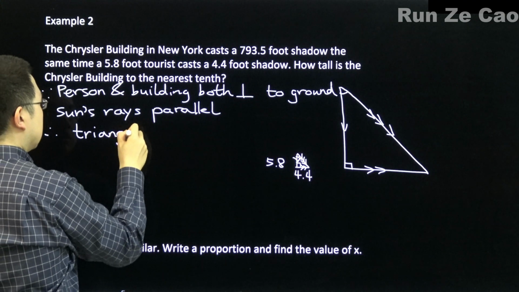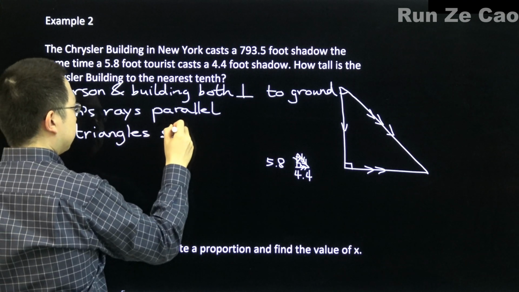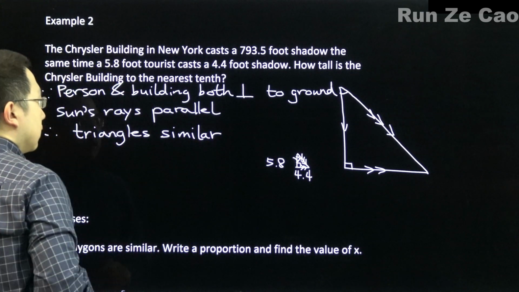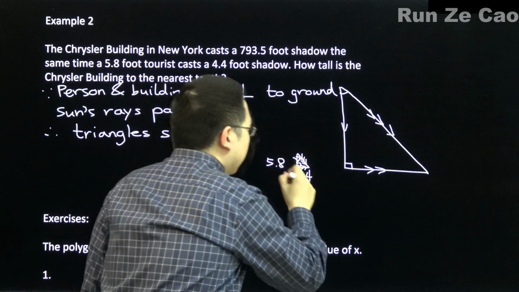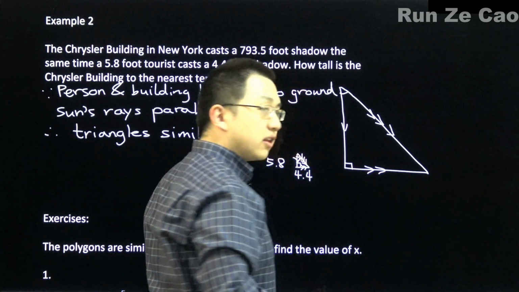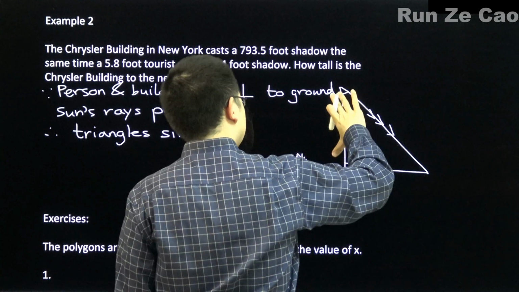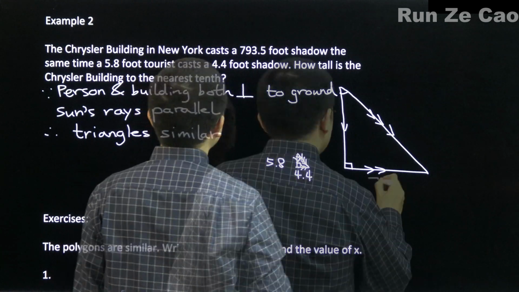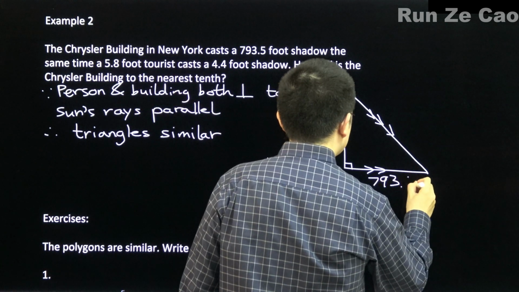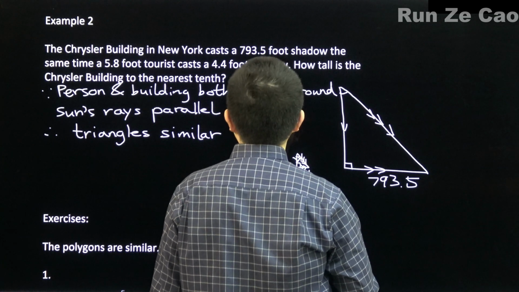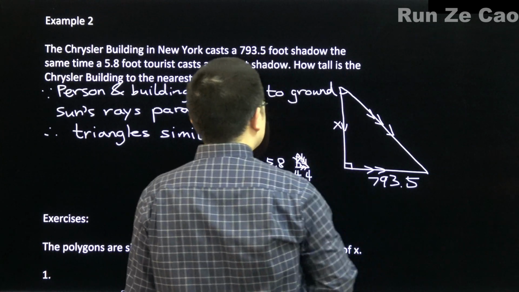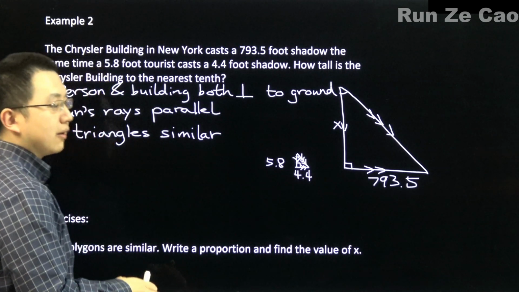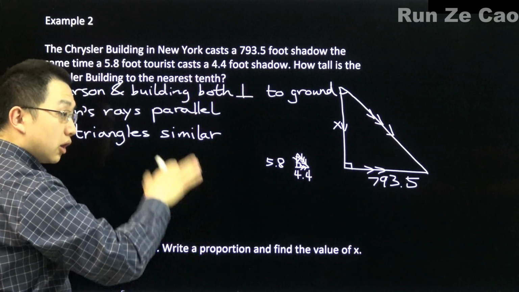Triangles similar. We can label all these points, A, B, C, D, E, F, and so on, and state which sides correspond to which. In this particular case, the diagram is already a bit cluttered, which means we're going to omit some of the notation we used earlier.